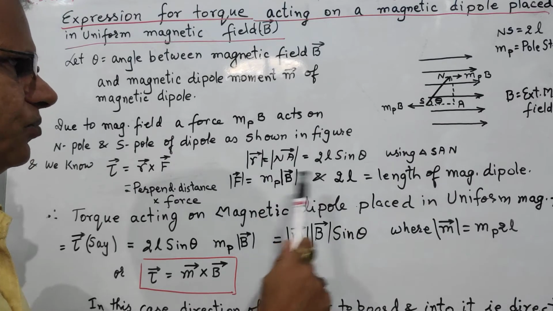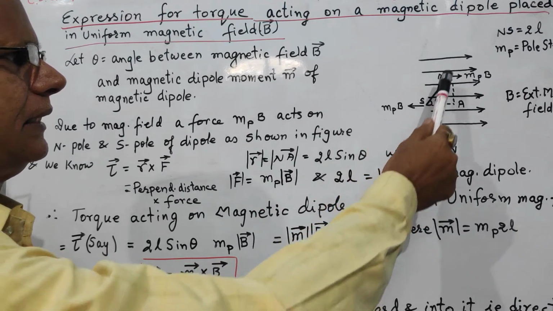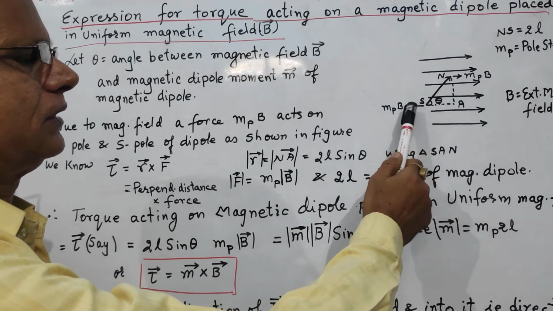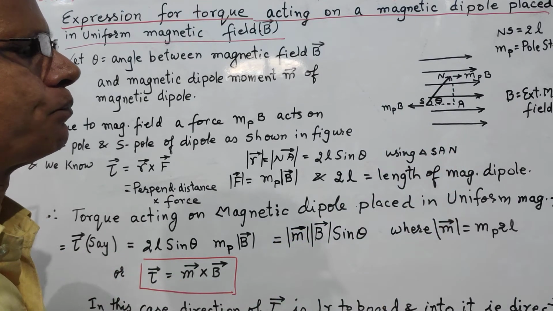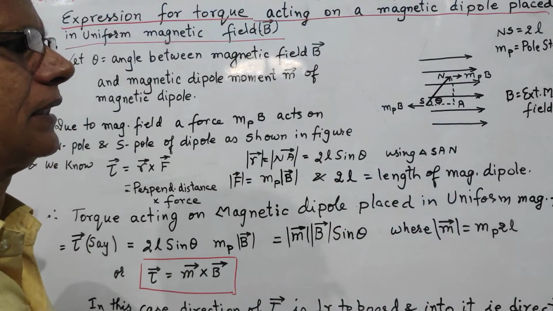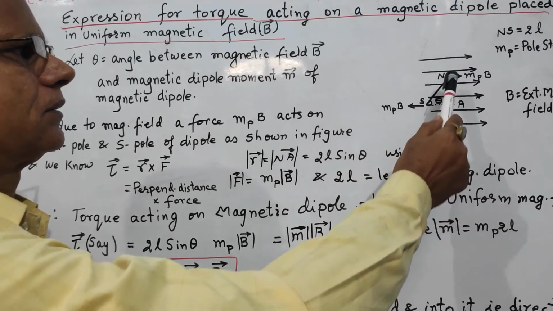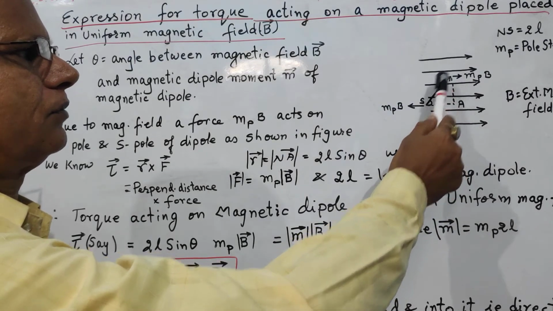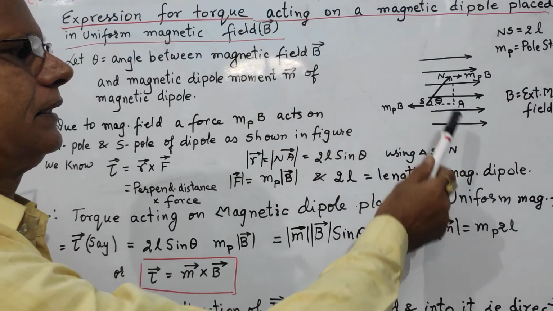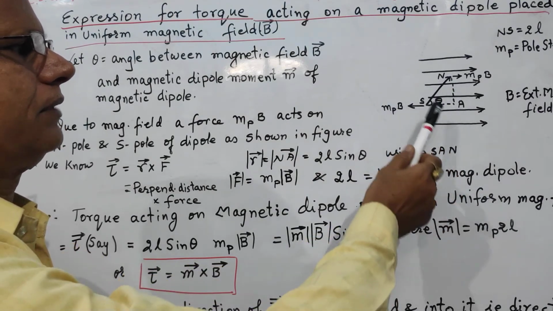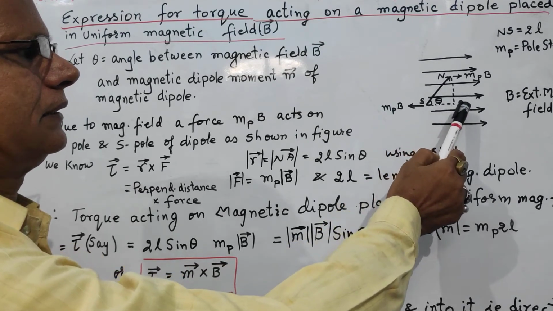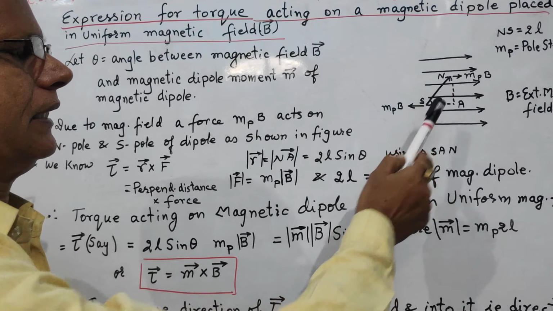Here from the right angle triangle NSA we have drawn a perpendicular on the line SA, that is on the line showing the direction of magnetic field. So now we got a right angle triangle NSA, angle A is 90 degree. From this right angle triangle we can have sine theta equal to perpendicular, that is NA, divided by NS.